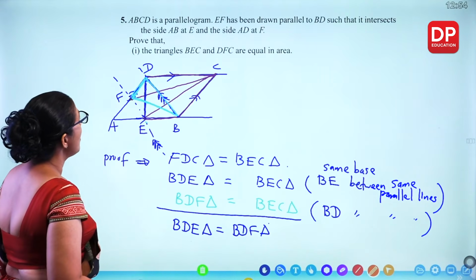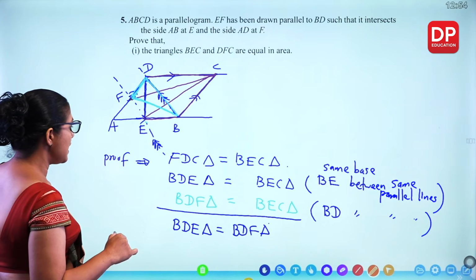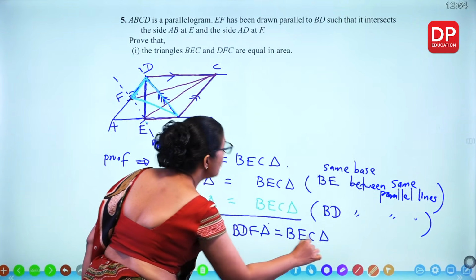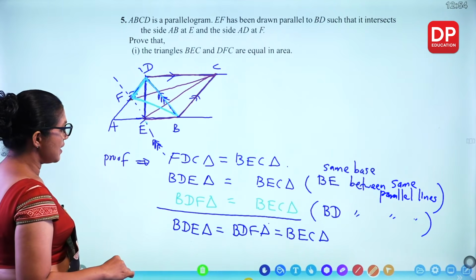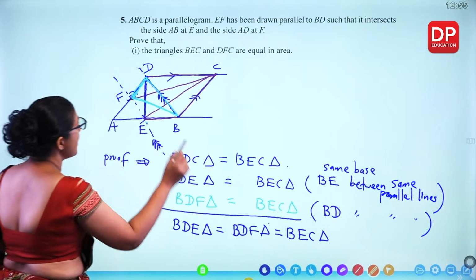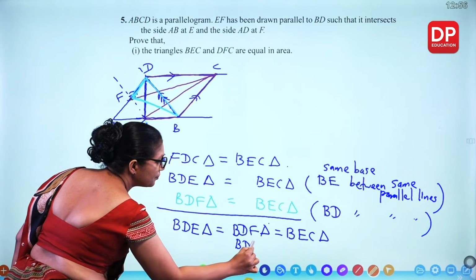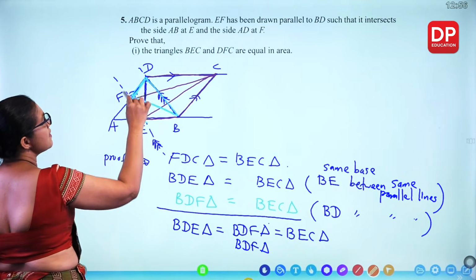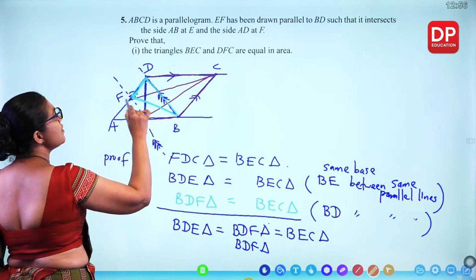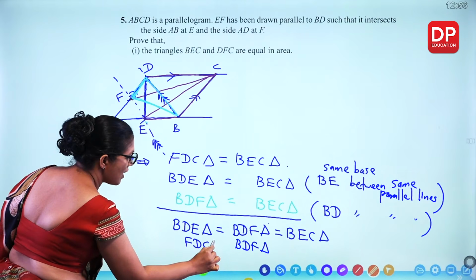Now we need to prove that BEC triangle is equal to DFC. And also we know that if you take BDF triangle, that's equal to FDC triangle. What's the reason?